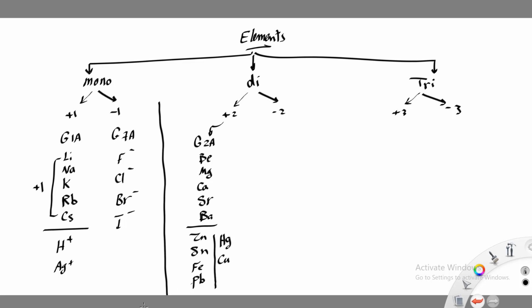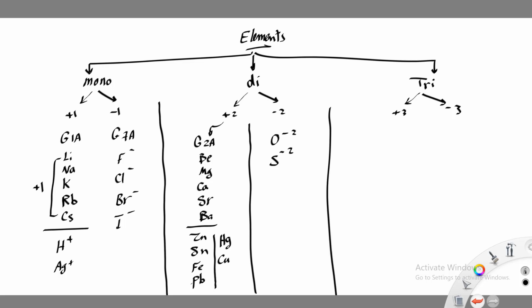They are transition elements, and sometimes we find them divalent. We also find oxygen and sulfur. Trivalent: we talk about aluminum, gold, chromium. Negative 3: we talk about nitrogen and phosphorus.